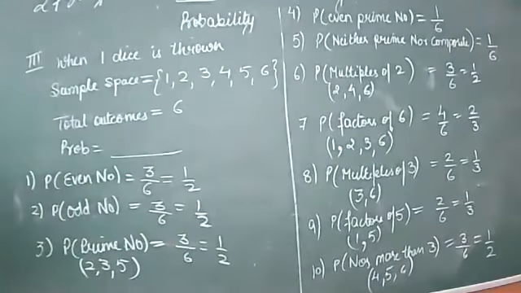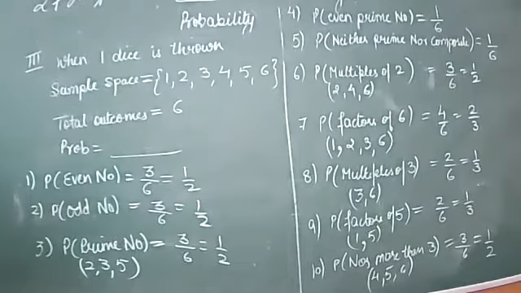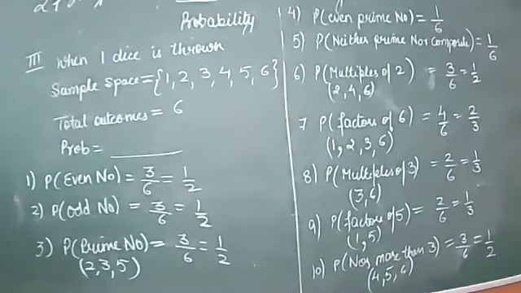11th part, probability number less than 2. 2 से लेस होना चाहिए. 2 से लेस कितने हैं? 1, तो 1 की probability क्या होगी? 1/6. आंसर इज 1/6.